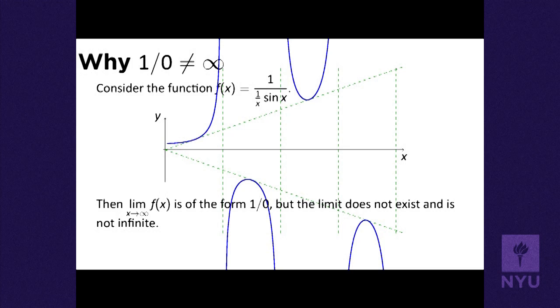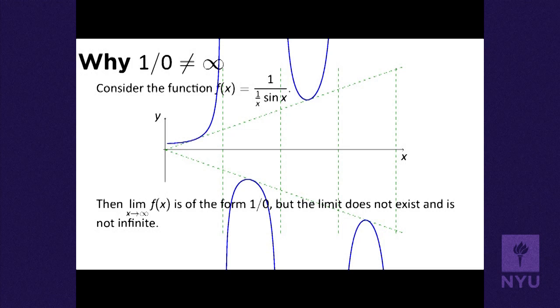Sine x is bounded between 1 and negative 1, divided by something getting larger and larger, so the denominator goes to 0. The numerator is 1, so its limit is 1. So this limit is of the form 1 over 0. Is it infinity? Is it minus infinity? If you graph the function, you see that it spends a lot of time on the positive side of the x-axis and a lot of time on the negative side of the x-axis. It has all these asymptotes.